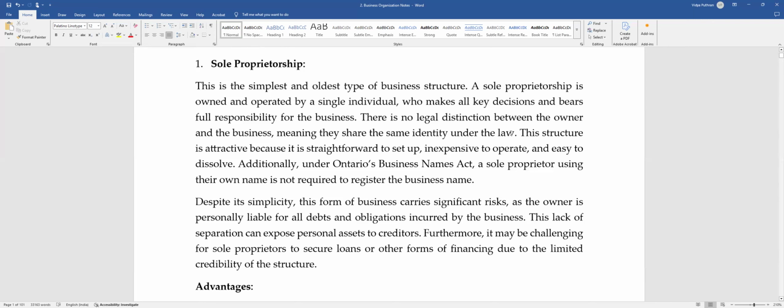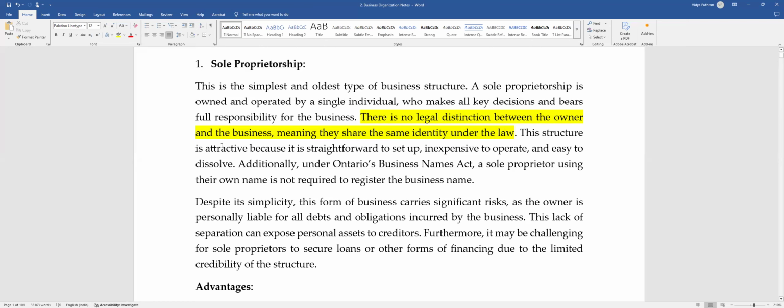As I said, there is no corporate veil, no lifting of the corporate veil. Here there is one person, one business. There is only one person taking all the decisions and bearing full responsibility, with no distinction between the owner and the business.